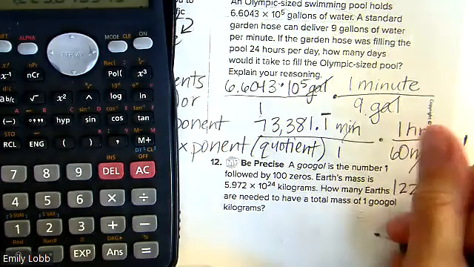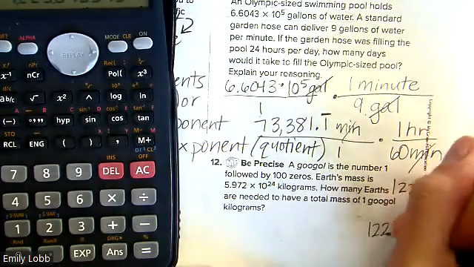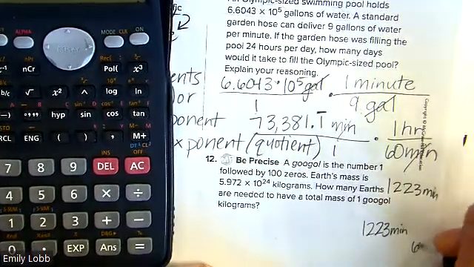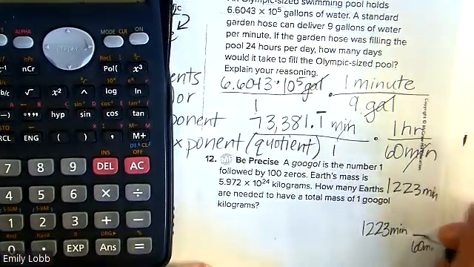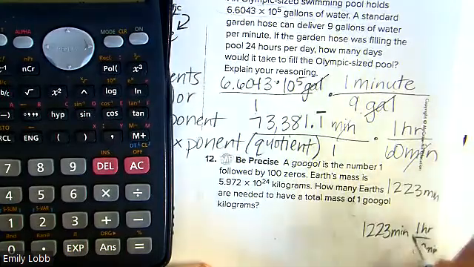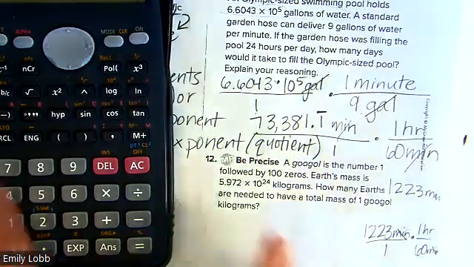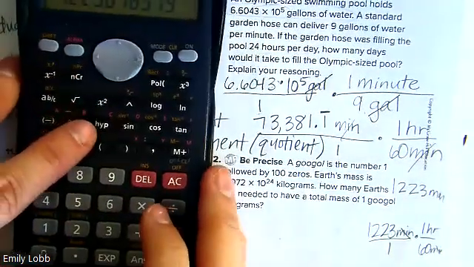All right, so 1,223 minutes. And how many minutes are in an hour? 60 minutes are in 1 hour. So now if I multiply, or in other words, divide by 60, I'm going to get how many hours?